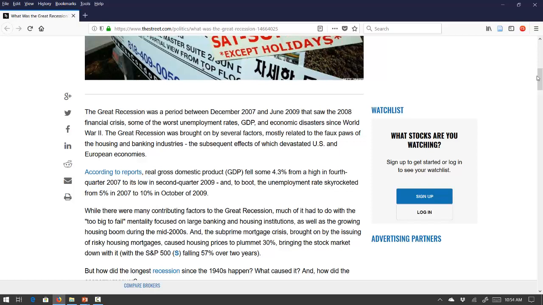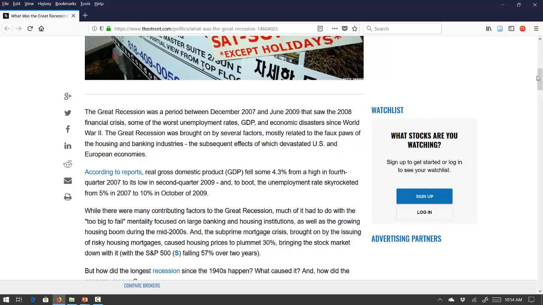The Great Recession was brought on by several factors, mostly related to the faux pas of the housing and banking industries, the subsequent effects of which devastated US and European economies. According to reports, real gross domestic product fell some 4.3% from a high in fourth quarter 2007 to its low in second quarter 2009, and to boot, the unemployment rate skyrocketed from 5% in 2007 to 10% in October of 2009.